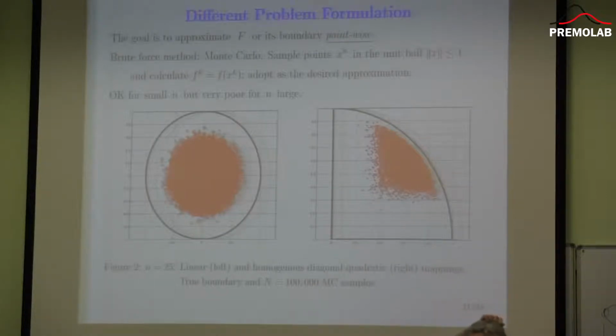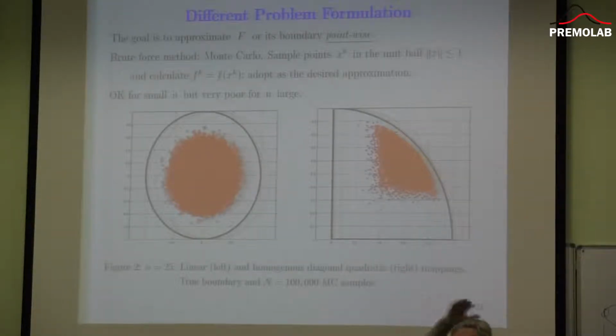In large dimensions, say what is shown here, we take 100,000 sample points, and the dimension is just 25, and it's a two-dimensional image, actually a linear image of a 25-dimensional ball.